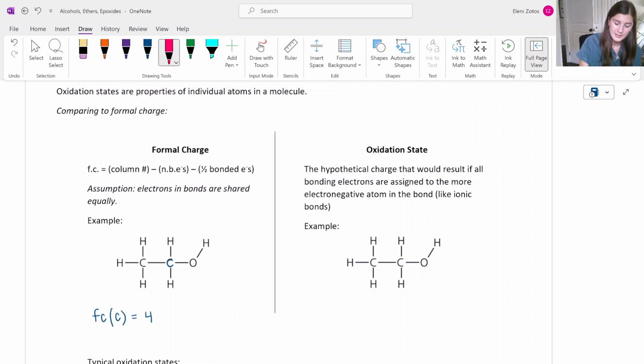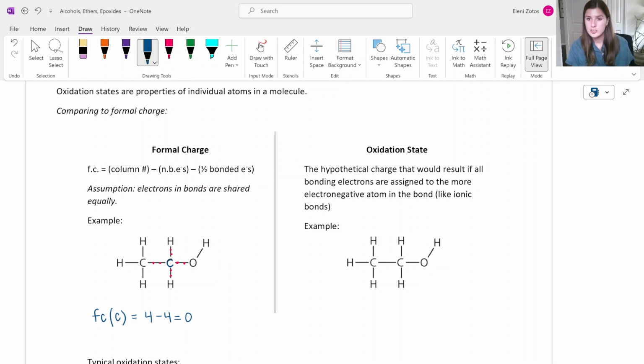There are 4 bonds. Each bond has 2 electrons. But carbon only owns half of those electrons, so that means it owns 4 electrons. Its formal charge is 0. We know anytime we see carbon with 4 bonds that it has a formal charge of 0. This is how we calculate that.